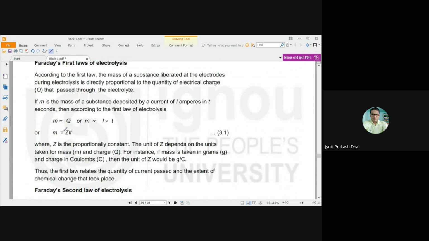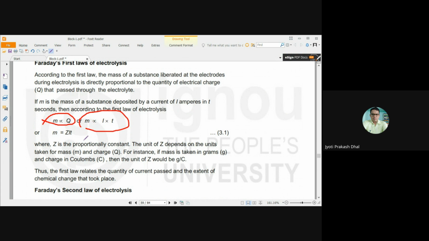According to Faraday's law of electrolysis, the mass of the substance deposited is directly proportional to the quantity of electrical charge Q. So M is directly proportional to Q, and we know that Q equals current I times time t in seconds. So that is the statement of Faraday's first law of electrolysis.